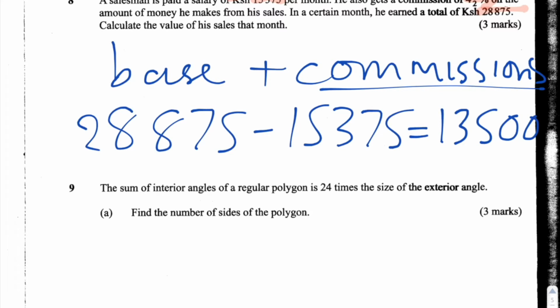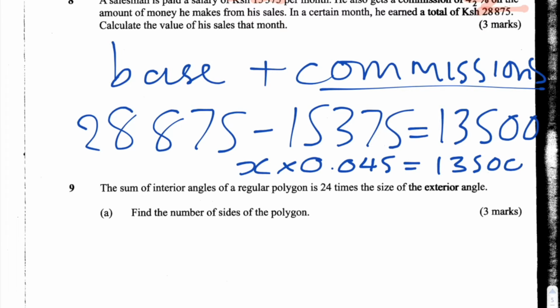but he only gets 4.5% of the total value of the sales. So if you imagine the sales are X, the amount that he receives from the sales is X times 0.045, and in this certain month it's equal to 13,500.